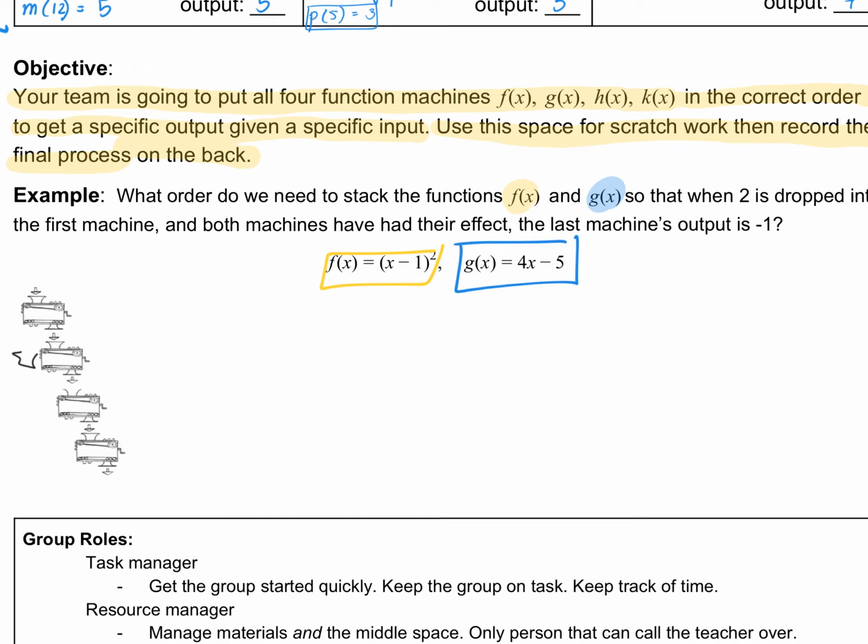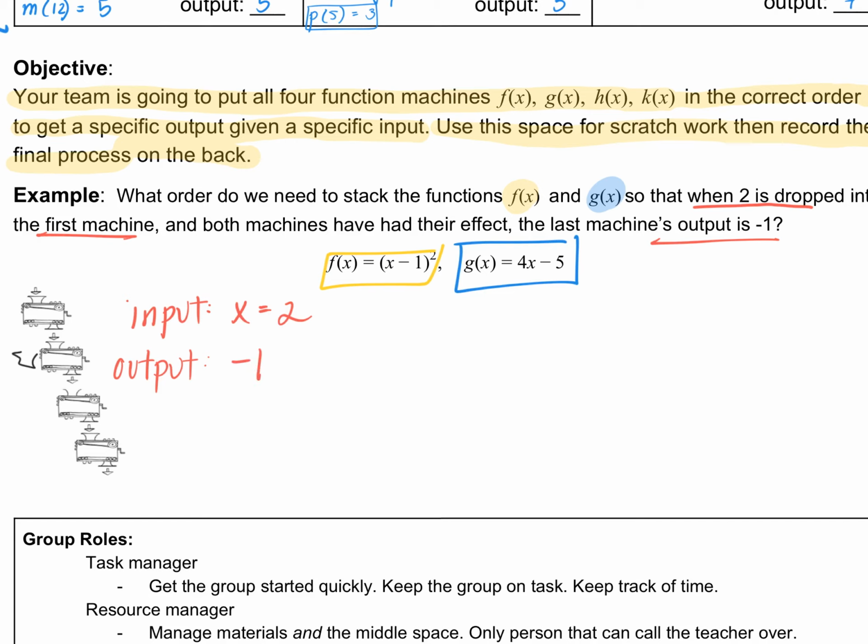When 2 is dropped in the first machine, that is saying that my original input is 2. And both machines have had their effect. The last machine's output is -1. And my final output is -1.